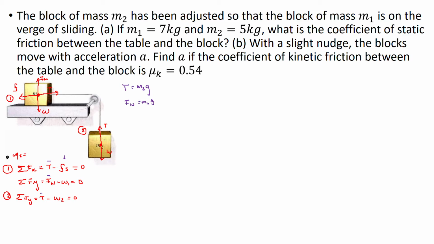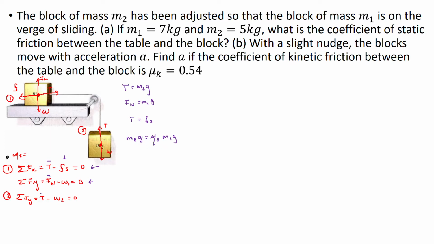Then we substitute into this formula over there, and we know that the tension is going to be equal to the static friction force, so mass 2 gravity is equal to mu s m1 gravity.